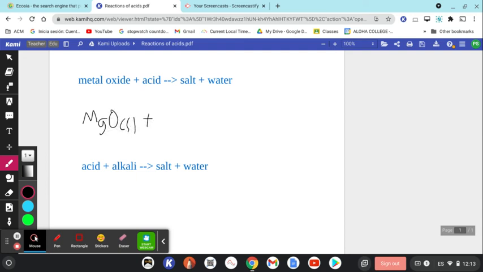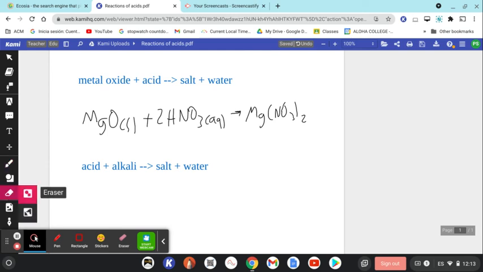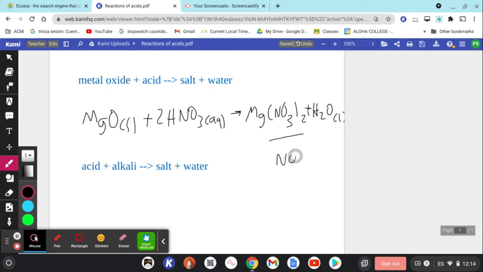We add another acid, nitric acid, HNO3, dissolved in water, aqueous, makes a salt, Mg(NO3)2, and water. Again, we need 2 nitrates because nitrate has a charge of 1-. So you need 2 of them to balance the +2 charge of magnesium.